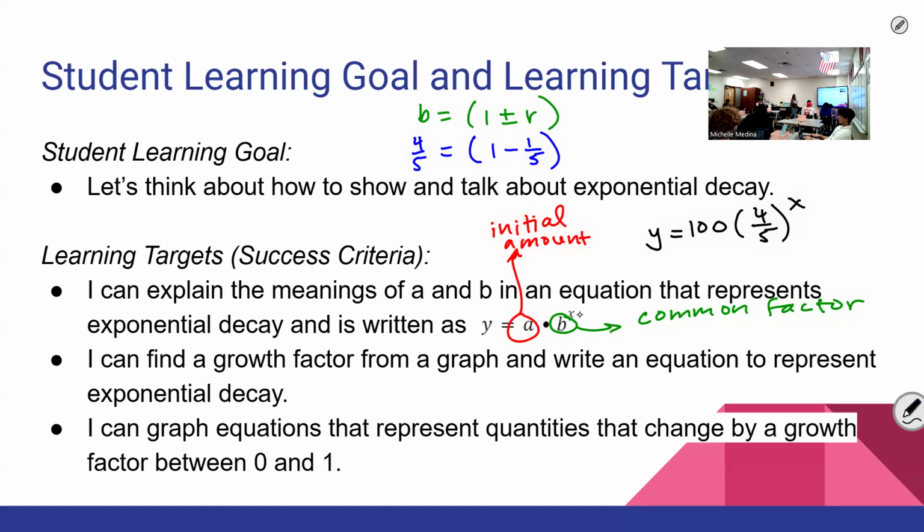You have to be able to explain the meaning of it. You have to be able to find the growth factor from a graph and write an equation to represent it, and to graph equations that represent quantities that change by a growth factor between 0 and 1. So 4/5, is that between 0 and 1?